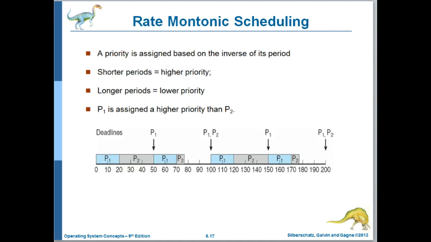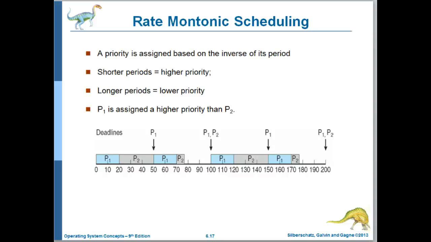Rate monotonic scheduling is one scheduling algorithm that's used for real-time systems. So as it says here, it's priority based, and the priority is based on the inverse of the period. What you might remember from CS311L13 and looking at clock rates and clock frequencies, the clock frequency is the inverse of the period, so we can look at this as an event that occurs more frequently has a higher priority.